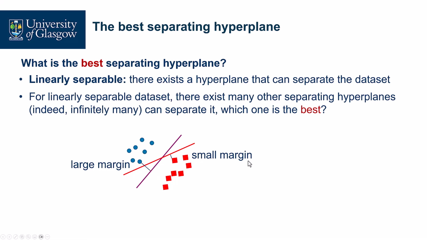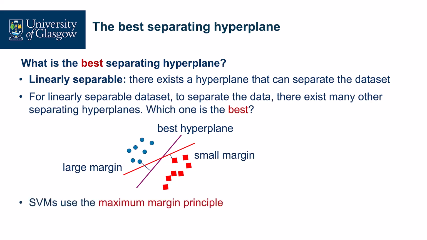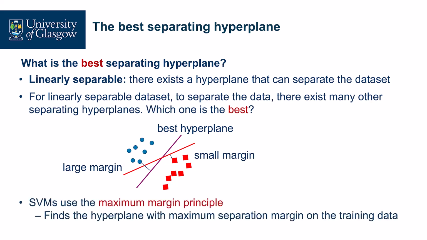A question: do we want the margin to be larger or smaller? We want a larger margin, right? Why? Because with a larger margin, we can have better generalization to the test data.